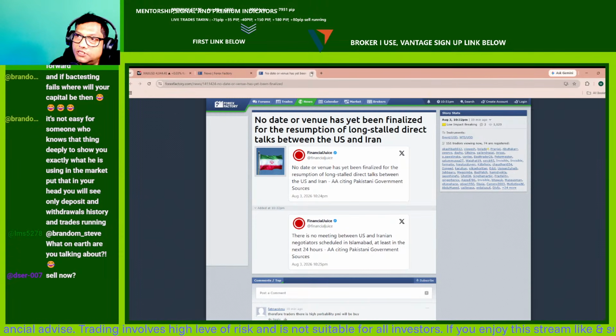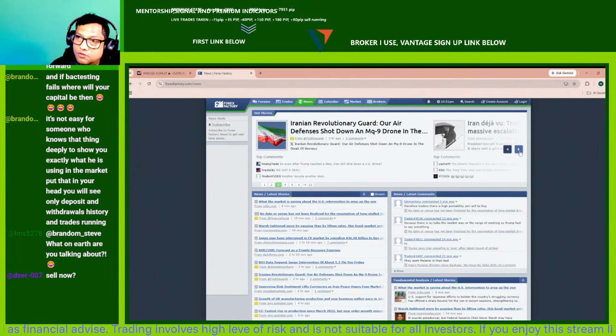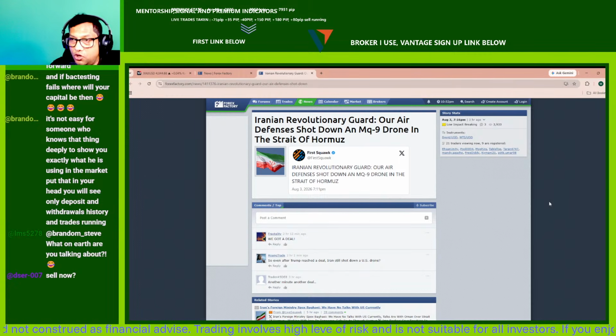Okay, this is something that is definitely important, because this is what we will see in the overall direction in the market. Iran Revolutionary Guard, our air defense shot down an MQ-9 drone in the Strait of Hormuz. So there is a drone that has been shot down.